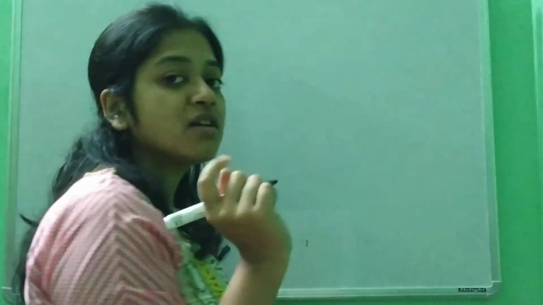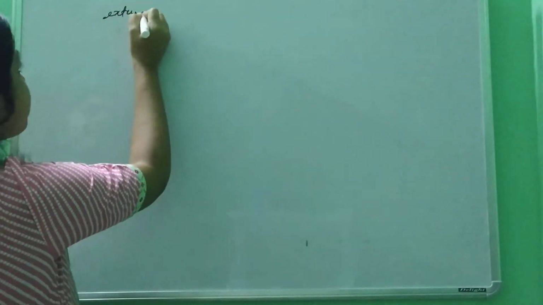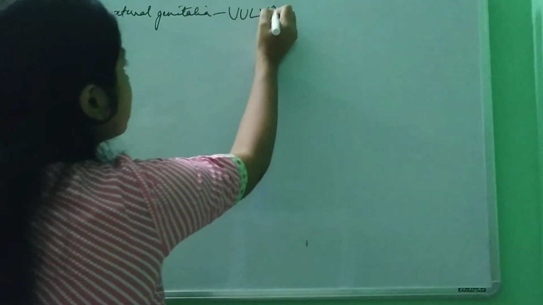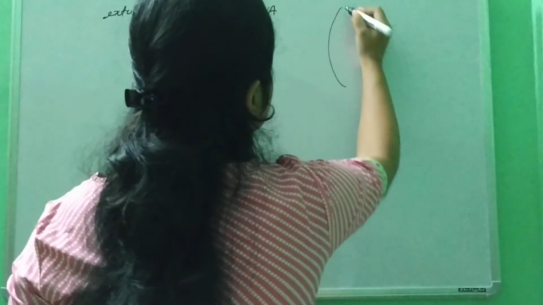So now the glands. Yes, we'll study one more structure, which is the vulva. The external genitalia of female is the vulva. Let's see the structure.